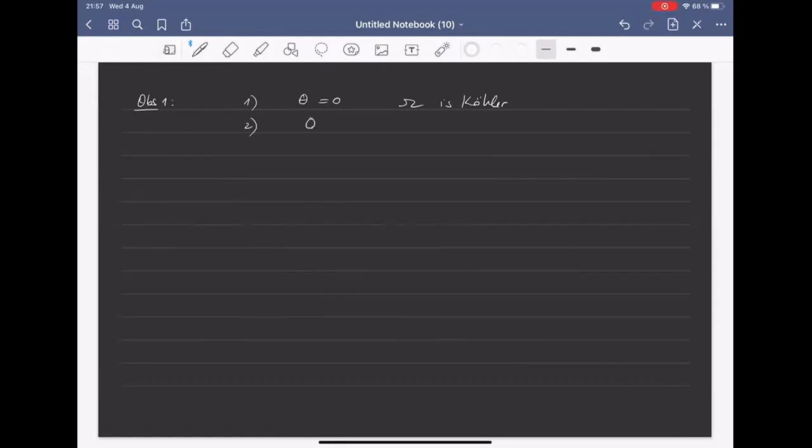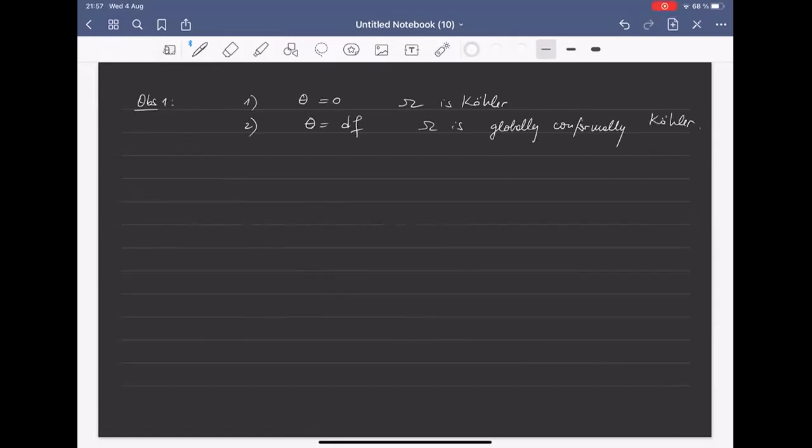And another boring case is when theta is globally exact, and then omega is called globally conformally Kähler, in the sense that it can be rescaled to a Kähler metric.